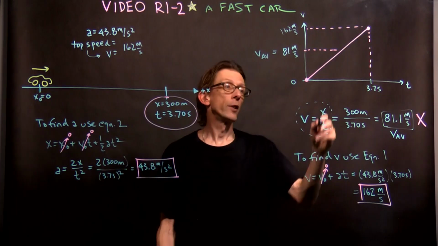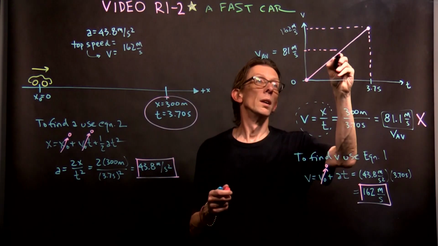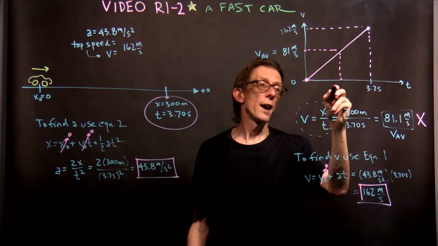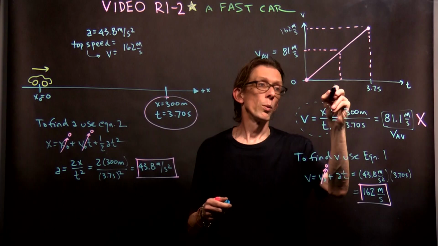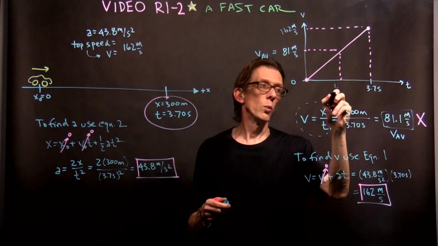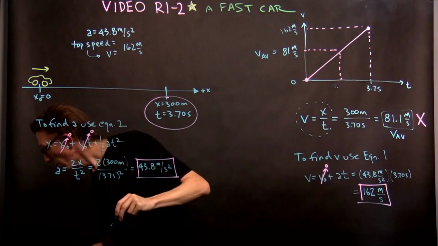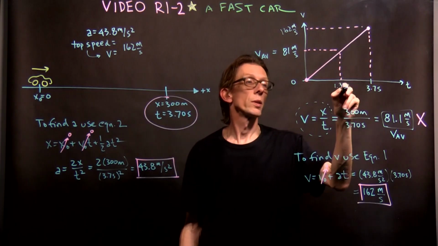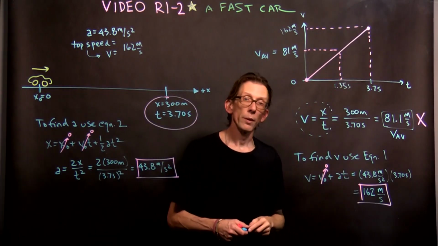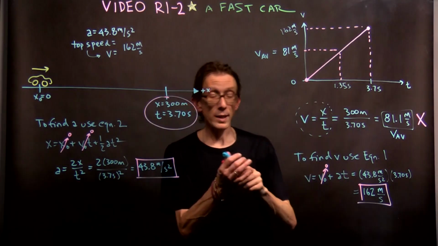Okay, so it achieves its average velocity at the halfway point in time. So this is 1 point, what's the number? That's not right. Yeah, 3.5. Of course, higher math. 7 divided by 2 is 3.5. So at the halfway mark in time.